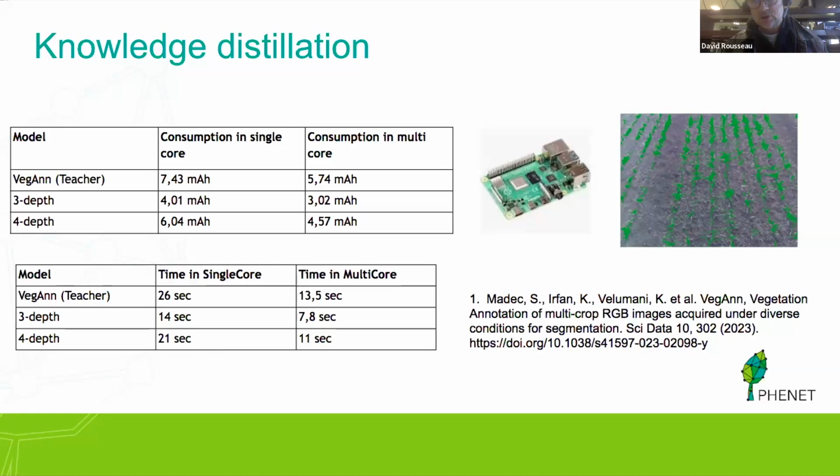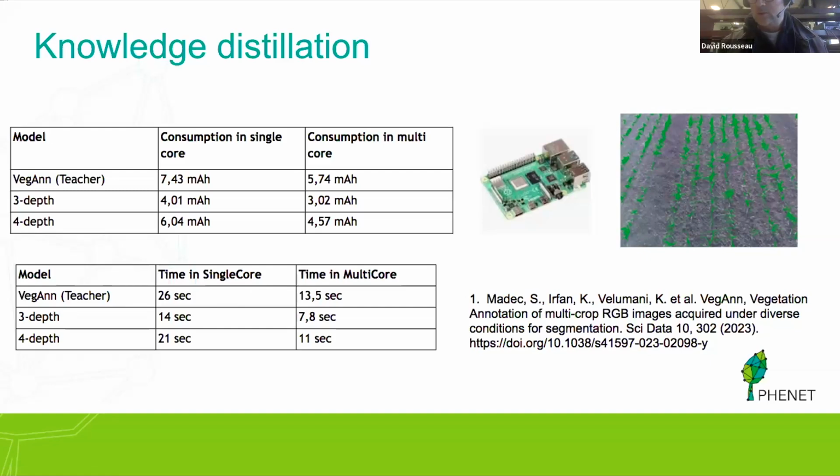In knowledge distillation, you take a standard big neural network, which can run on a cloud or on a large GPU, called a teacher, and then you translate the weights to a lighter architecture, one that includes only 3 or 4 depth layers of neurons. You can see here that with similar performance, we manage even to reduce the energy consumption and possibly also the time of process.